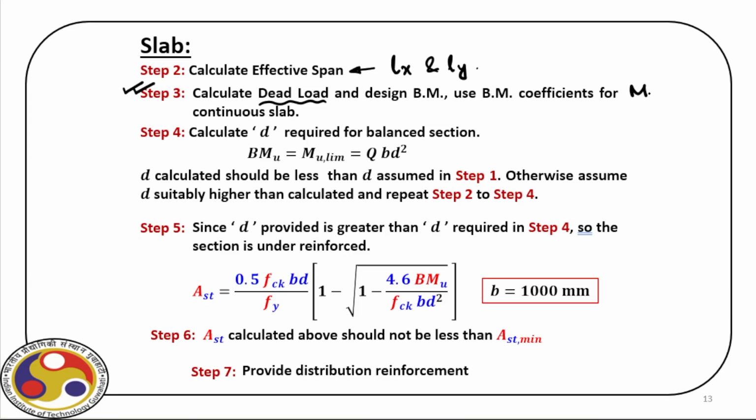Recall, Mx is equal to alpha x omega times Lx square. Similarly, we can also find out My, right? So for one-way slab, we have dominant bending along one direction, obviously the shorter direction. So we find out Mx, and then in step 4, we calculate small d required for a balanced section, right?